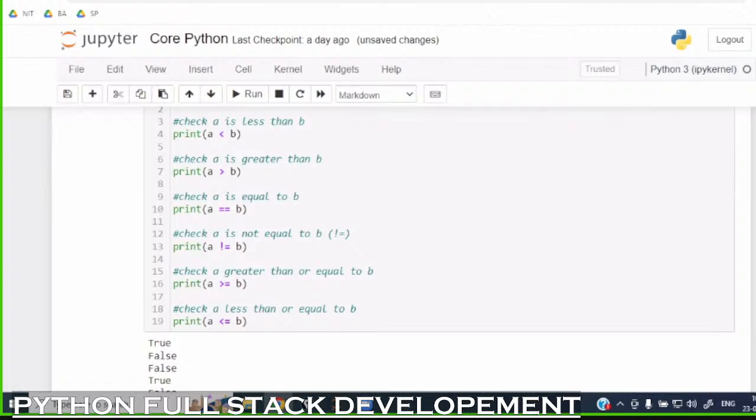Is that clear? That is with respect to the comparison operators. Clear, guys? Any questions on comparison operators?